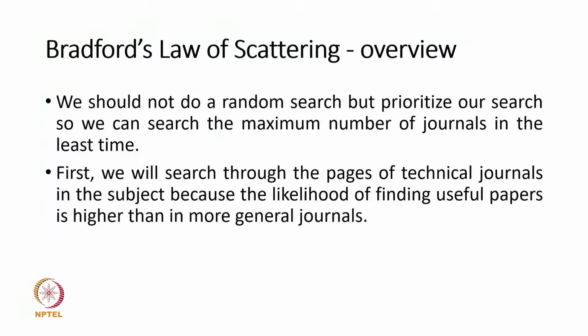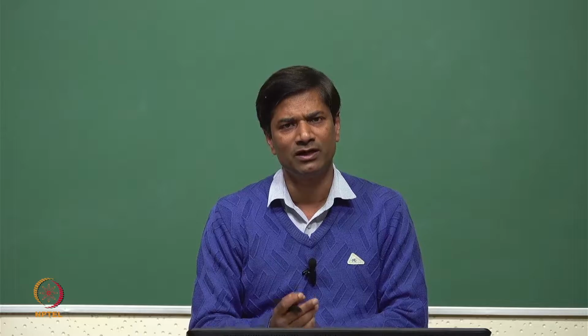But here the point is that we cannot do a random search, because a random search won't give a fruitful conclusion. Hence, we want to prioritize our search in such a way that we get the maximum number of articles on that subject from the minimum number of journals.